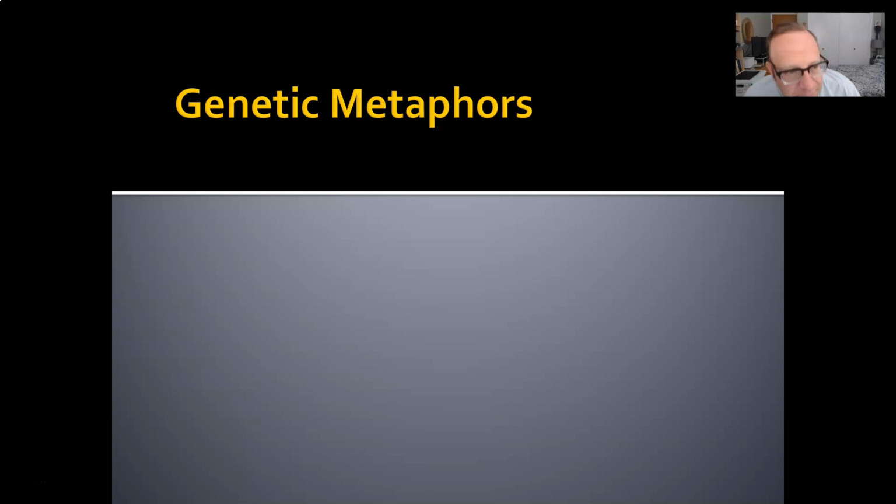So, to start with, though, I want to talk a little bit about genetic metaphors, okay? Metaphors and models are a key part of not just understanding science, but communicating it as well, and we do this a lot. But there are some important things to remember about metaphors and models: they're rarely perfect, okay?